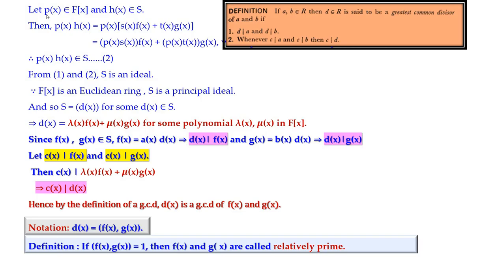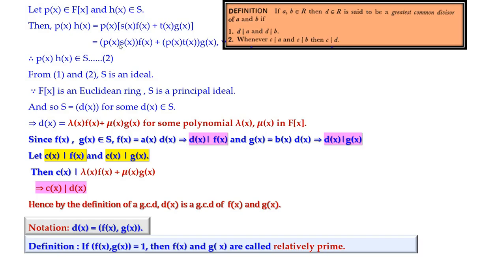You take for every r in R, here capital R is F[x] and small r is p(x). So p(x) in F[x], and you have to consider an element u in U, so you have h(x) in S. Then you consider p(x) h(x). Since h(x) is a member of S, you can write it like this, and multiplying this with p(x) is what you get.